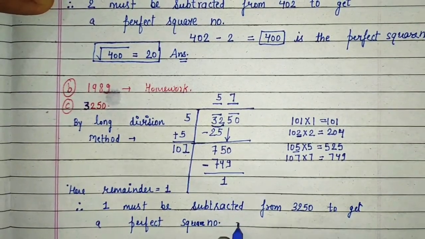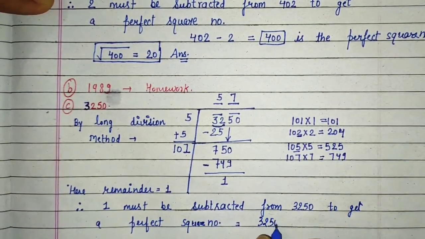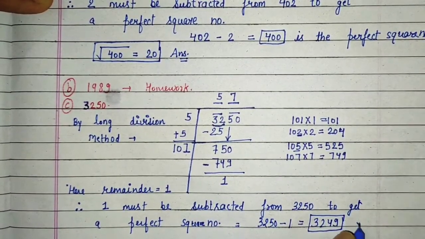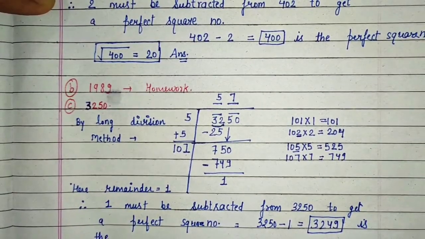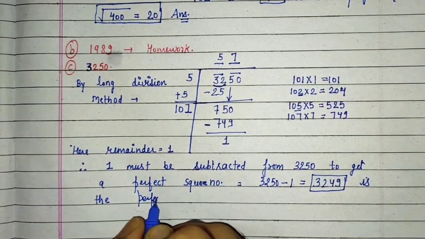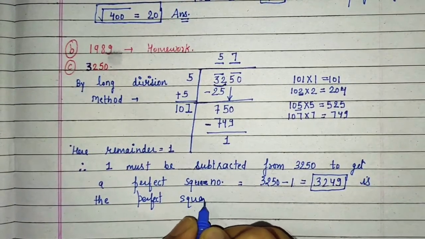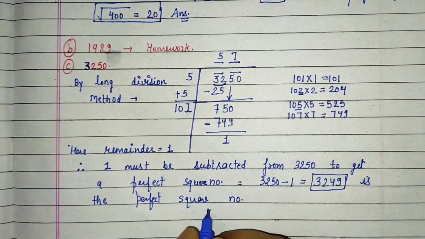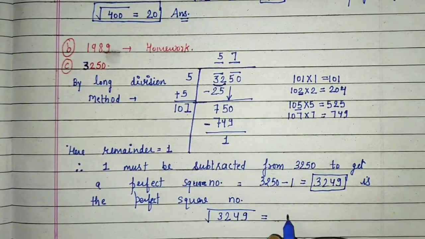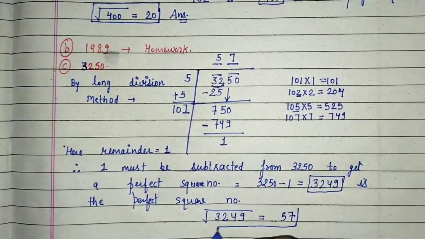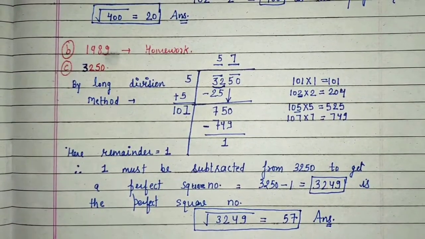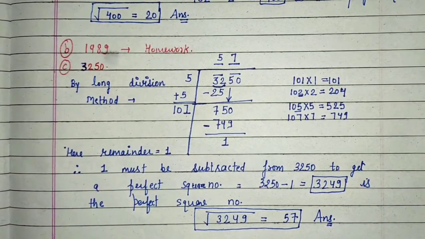So now the perfect square number is 3250 minus 1, 3249. Now the question is to find the square root also of this number. We have already calculated 57. If you find it again with long division, you will get the same answer. OK, you can try. Clear? Now move to the D part.